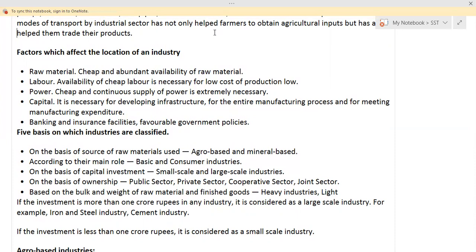If the investment is more than 1 crore in any industry, it is considered to be a large scale industry.